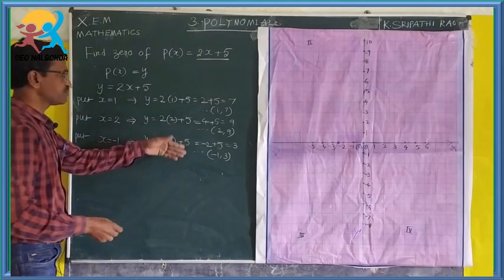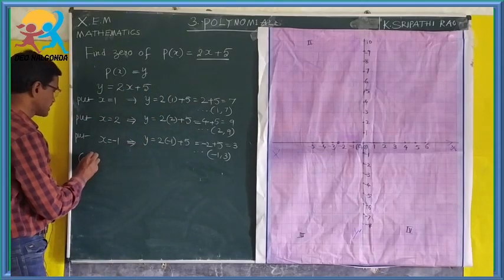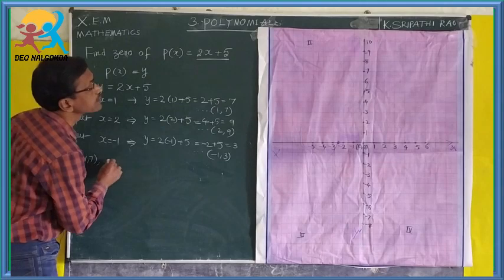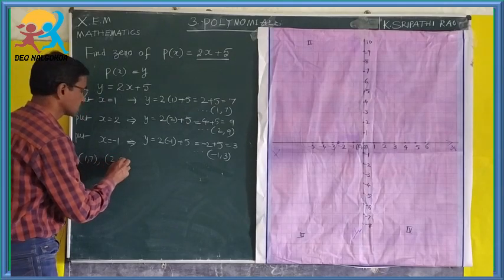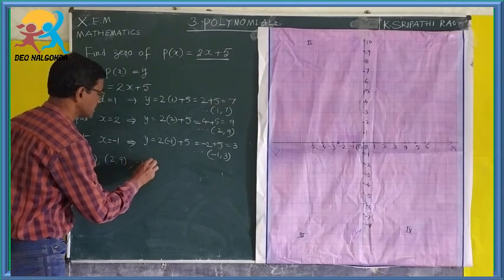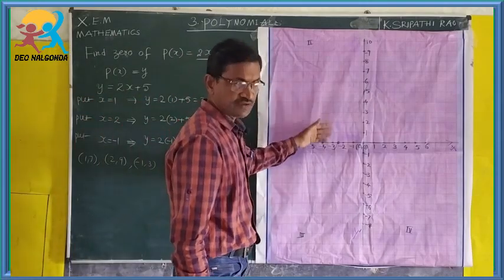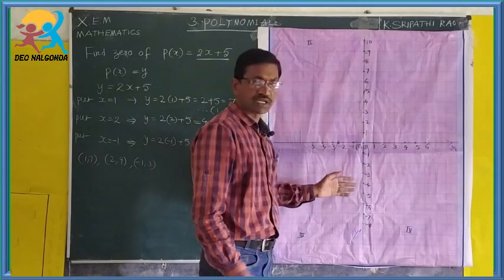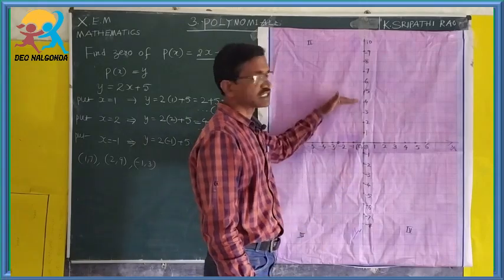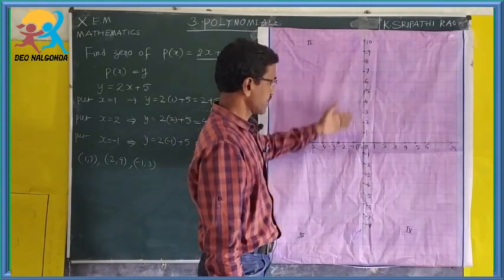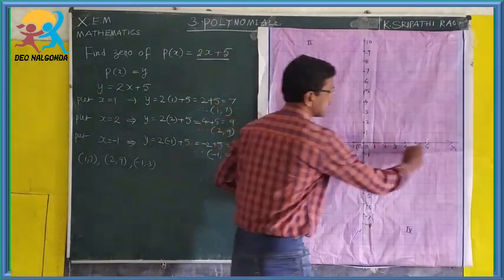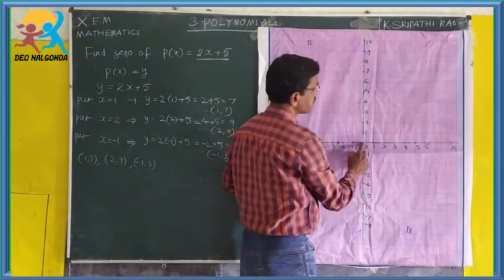Now let us plot these points 1 comma 7, 2 comma 9 and minus 1 comma 3 in the graph sheet. This is a graph sheet, similar to your graph sheet, just enlarged. Observe here, this is the x axis, the positive x axis.